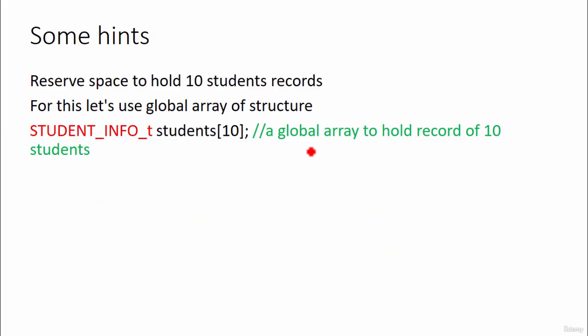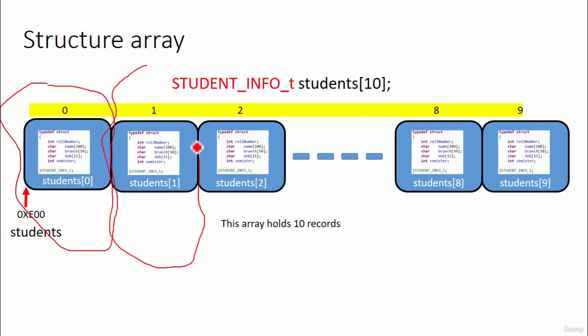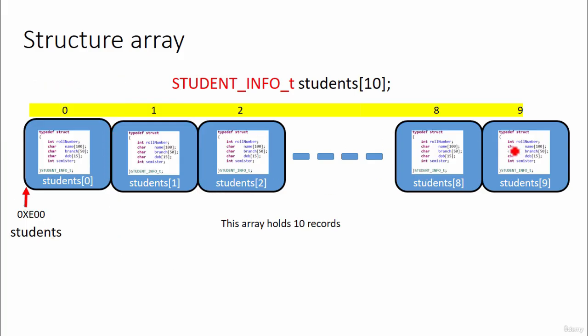You should maintain this array in global space. This is how a structure array looks like. Just compare this with an integer array or a char array. There is nothing special about this. This is the element 0 of the array, which is able to hold one student record, and this is able to hold another student record, like that. There are 10 such elements.